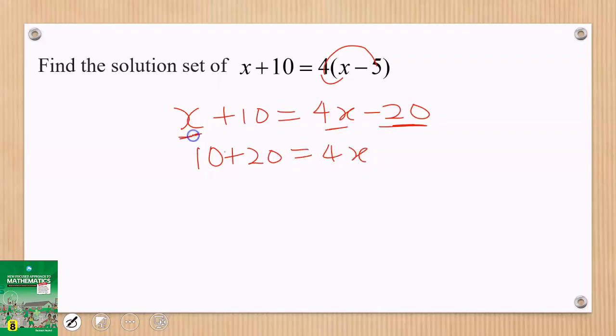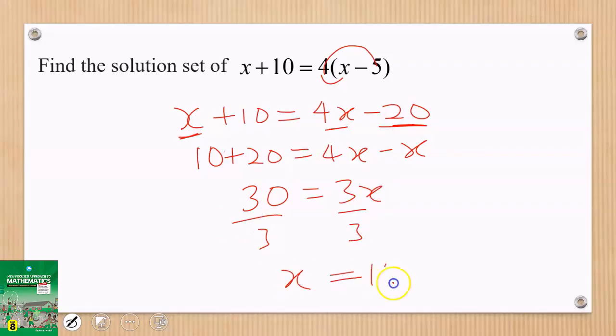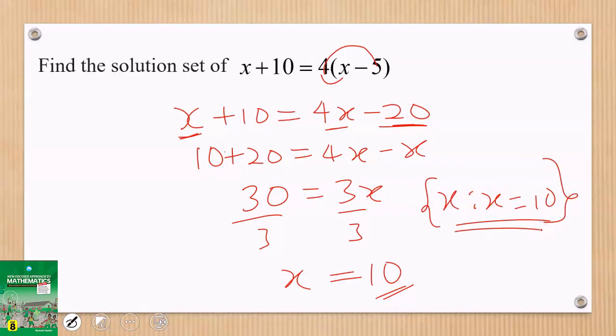I move this one as positive to become minus x. Now this will give me 30, and this will give me 3x. If I divide both sides by 3, I have my x to be equal to 10. And so to say the solution set, we'll say x such that x is equal to 10. And that is the answer.